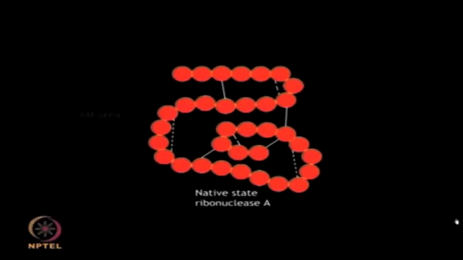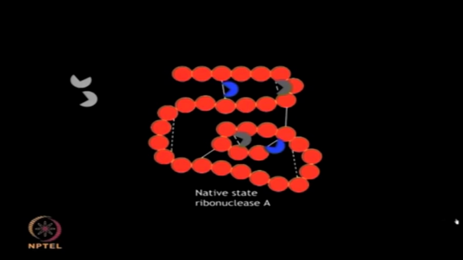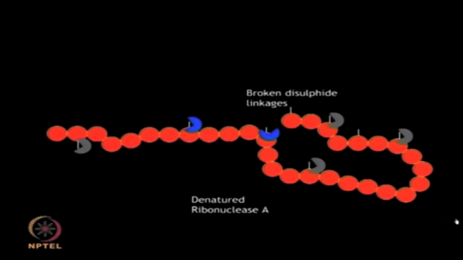In Anfinsen's experiment, ribonuclease A in its native state has 4 disulfide bonds between its cysteine residues. When treated with beta mercaptoethanol and 6 molar urea, the protein undergoes denaturation and the disulfide linkages are broken. The enzyme activity is lost in its denatured state.